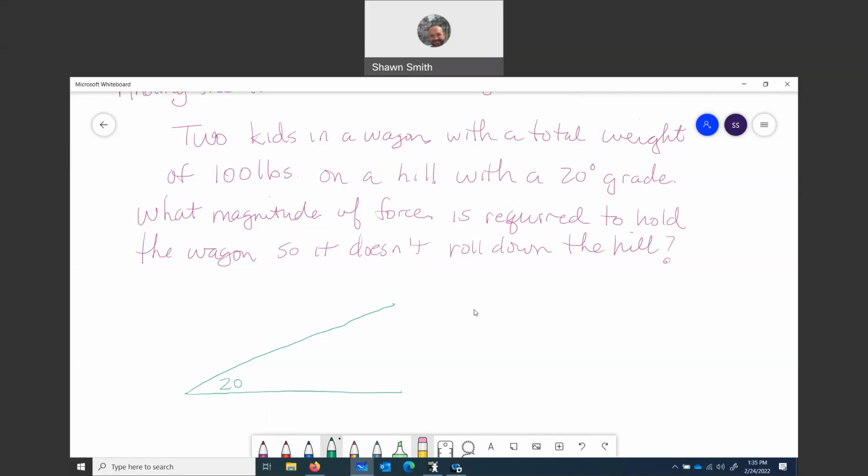All right, so there's our hill, 20% grade. And of course, we have to draw pictures. Get our wagon. Get our two kids in the wagon.